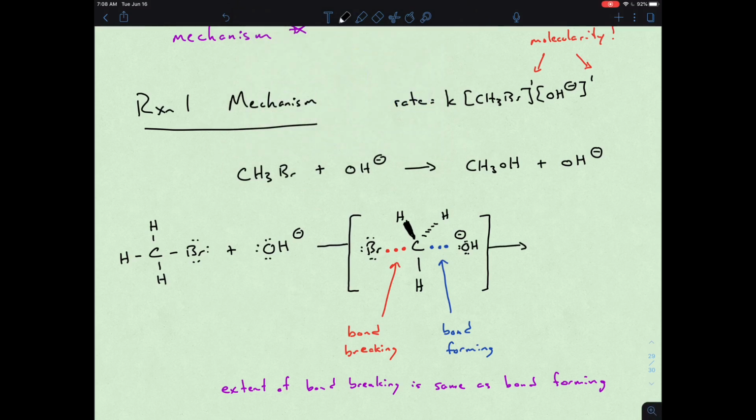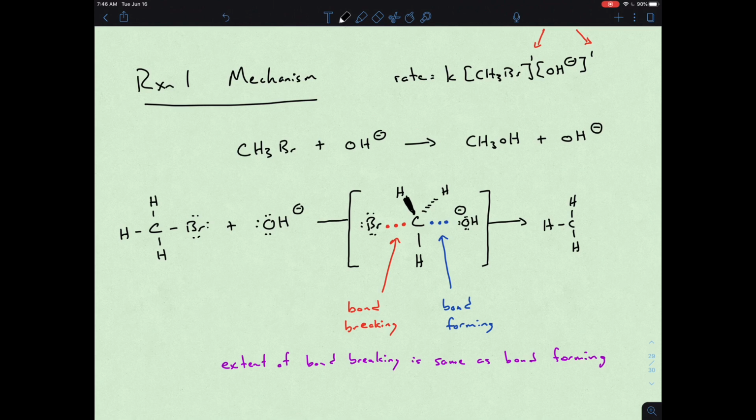And then once we get over the hump, we now have our OH installed in the molecule.